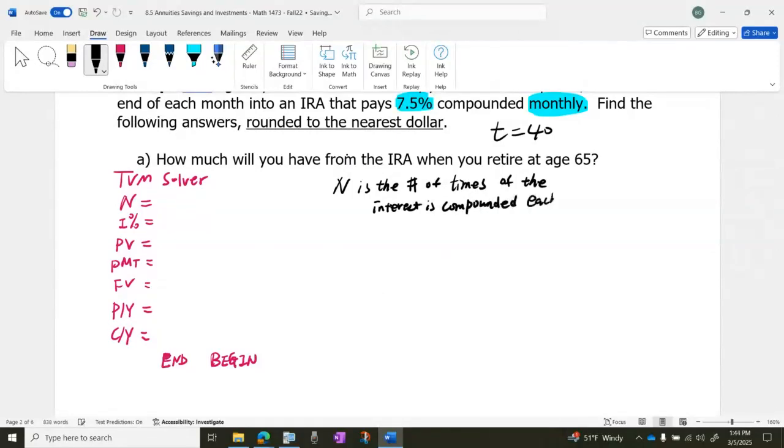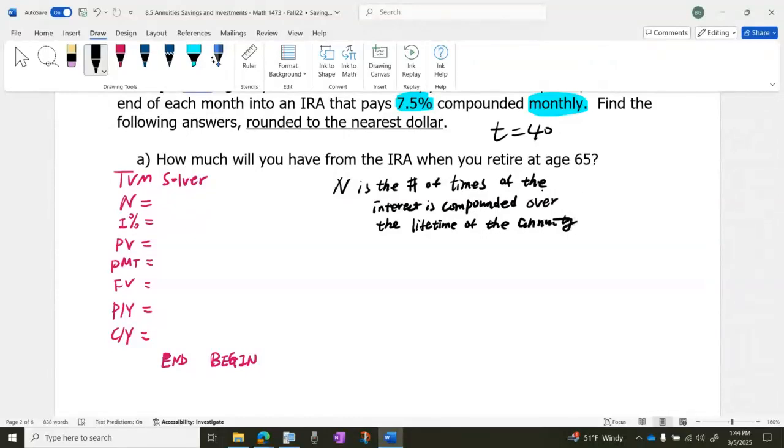Oh, sorry, my bad. Not each year. Over the lifetime. I apologize. My brain is a little bit tired today. Over the lifetime of the annuity. All right. So in this case, 40 years.